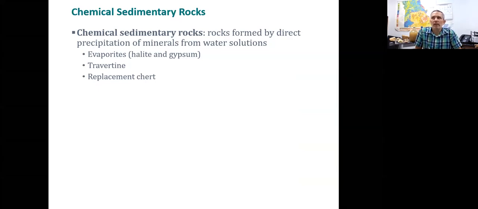Then we start looking at chemical sedimentary rocks formed through some non-life mechanism, which are going to create these rock candy-like sedimentary rocks. The classic example of this is halite, which is going to create rock salt.